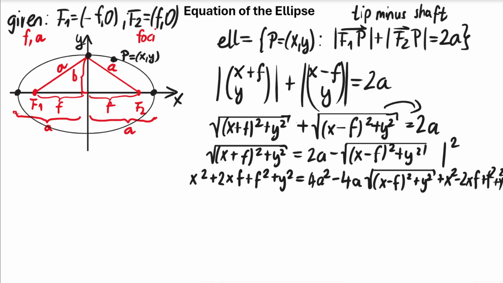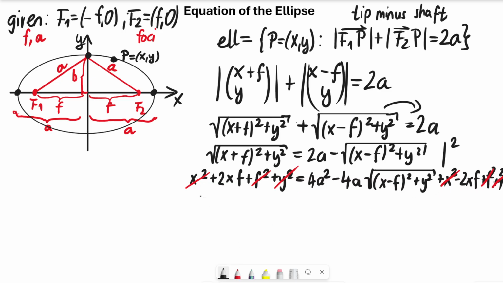With this type of equations involving roots, we unfortunately have to square twice because there is still a square root here. We have to square the equation again. But before you do that, you have to simplify it. So first, what cancels out here? Fortunately the x squared cancels out. Then the f squared cancels out. And also the y squared is cancelling out.